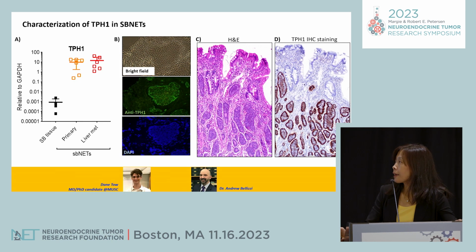So we characterized the expression of TPH1 in small bowel neuroendocrine tumor relative to the adjacent normal tissue, and we see a really high level of TPH1 in SBNET, both primary and metastatic tumors. When we do staining, we see that it is really localized in the neuroendocrine tumor cells, not around the fibroblasts, for example. It's really within the tumor nest here.